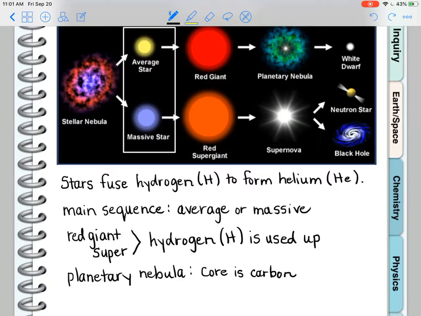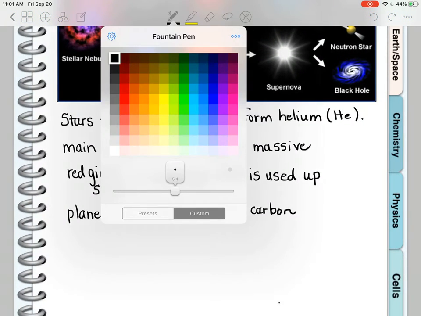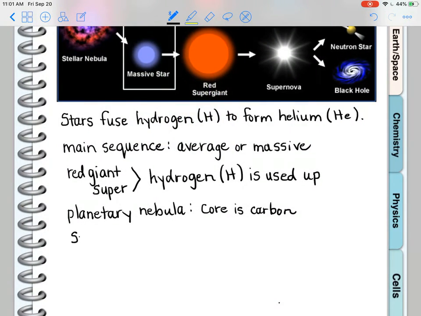So let's follow the bottom main sequence. We know that average stars will end up as white dwarfs. This massive star, bigger than our sun, again, once the hydrogen is gone, we get the supergiant that forms. That will eventually collapse into a supernova. And let's remember the definition of a supernova.